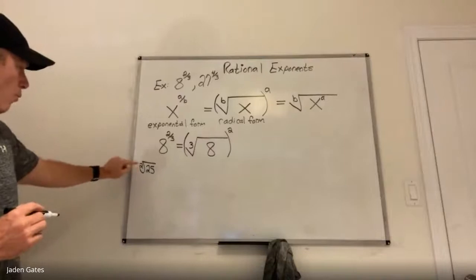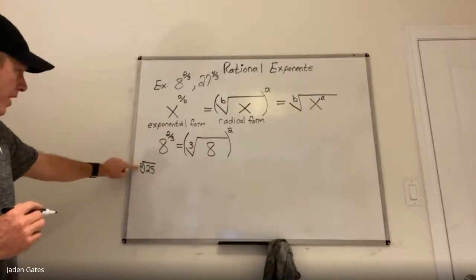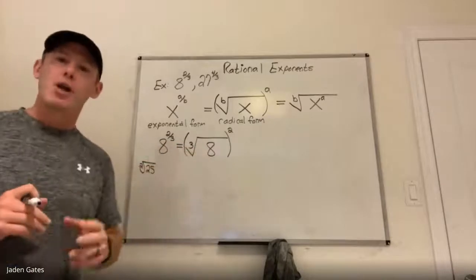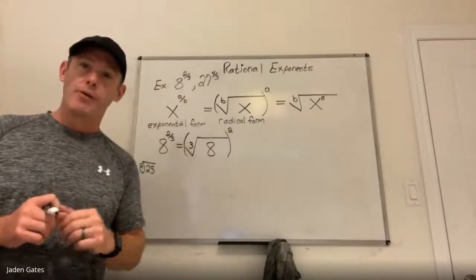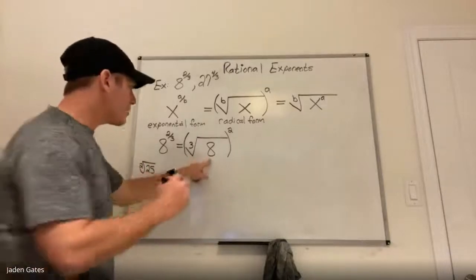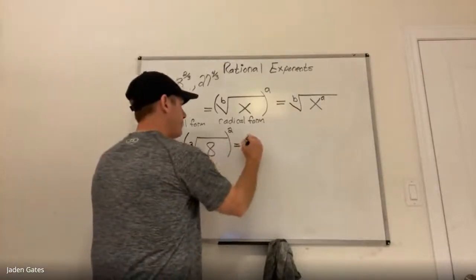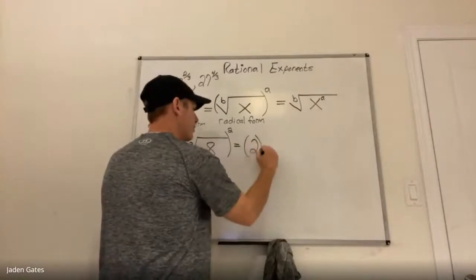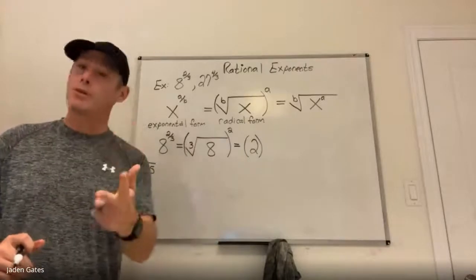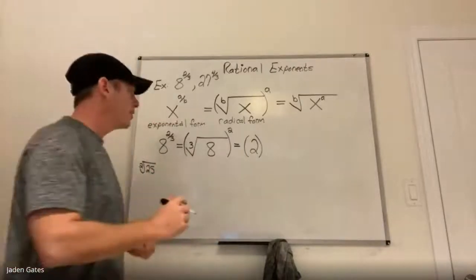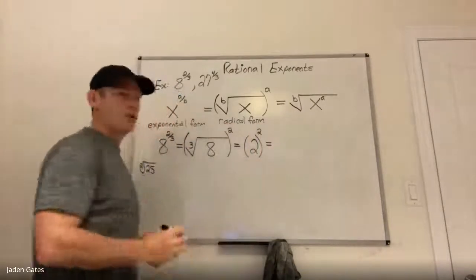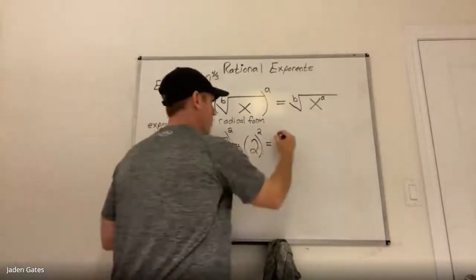Now we're looking for the third root of 8, which means what number times itself 3 times will give you 8? The answer is 2, because 2 times 2 times 2 will give you 8. And I have this little 2 here, so 2 squared, 2 times 2, is 4.